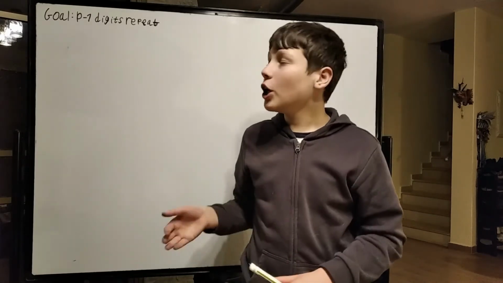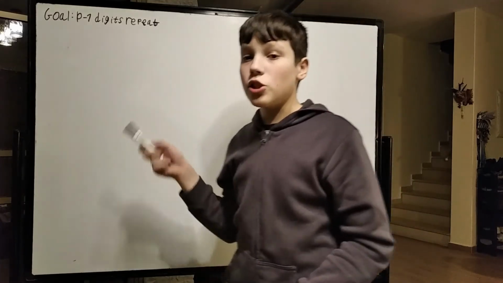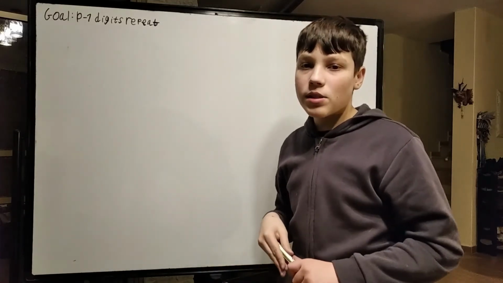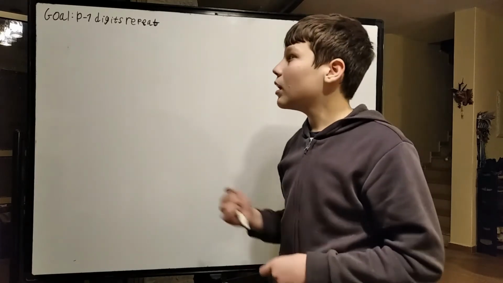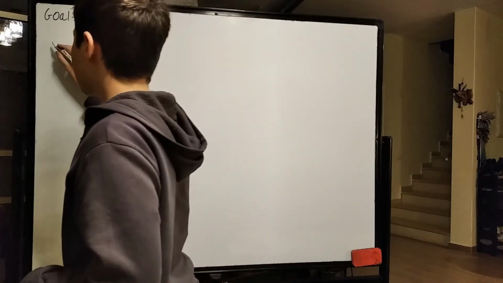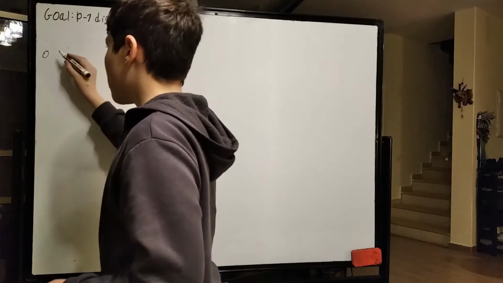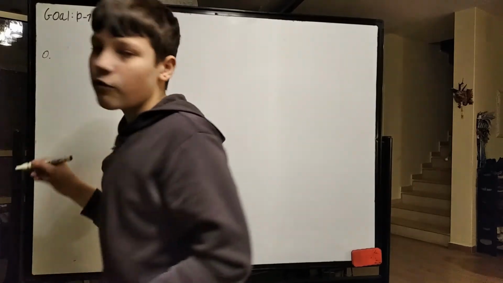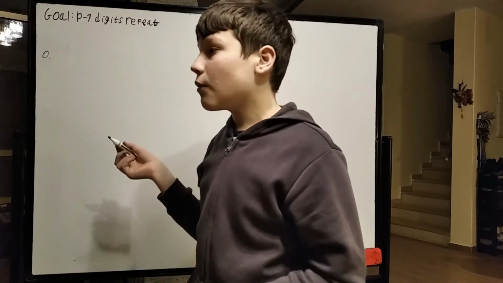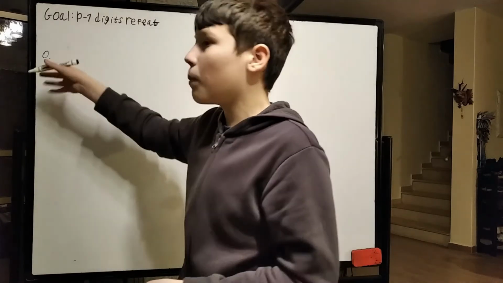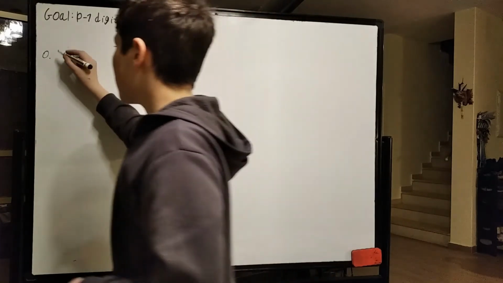Okay, we've shown that all we need to prove is that p minus 1 digits do repeat. Now let's do that. So let's look at a fraction which has p minus 1 digits repeating, and see if we can build anything off of that. We will assume that the fraction is smaller than 1 because the whole part doesn't matter. We're just worried about what's after the dot.